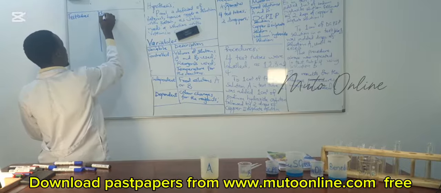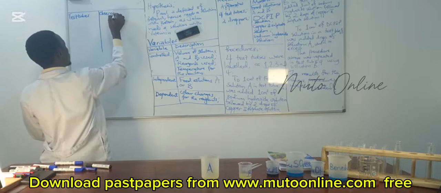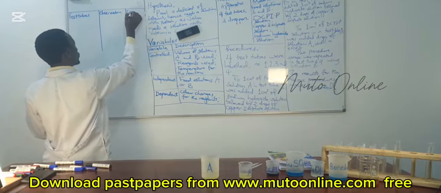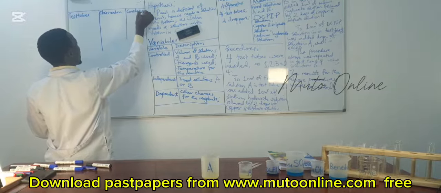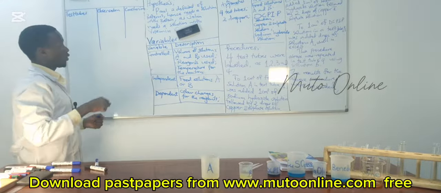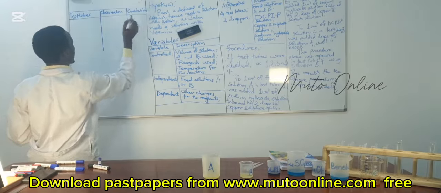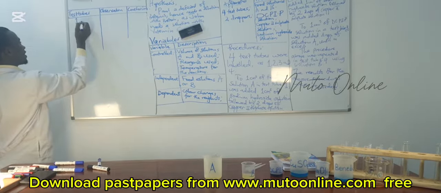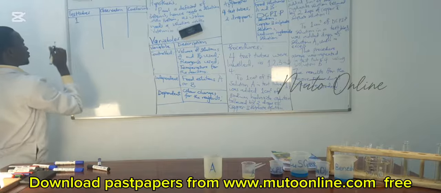We give the observation, and we also give a conclusion or deduction. So we have test tube 1. Please give the description of test tube 1.